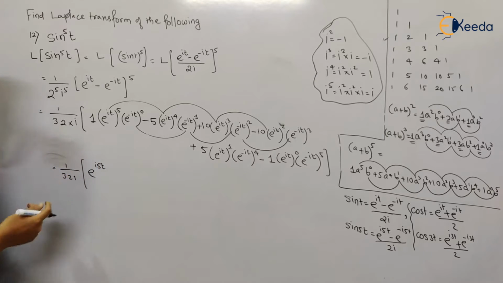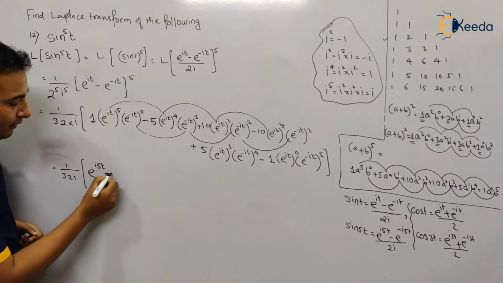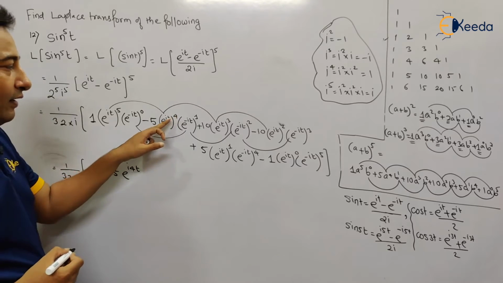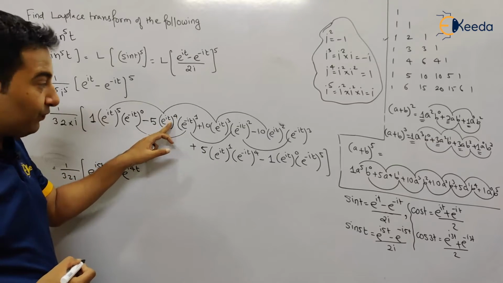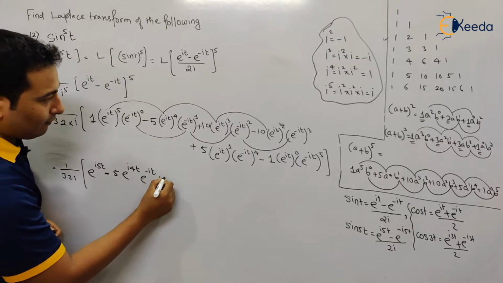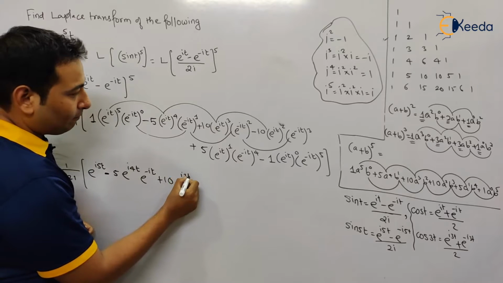Or in short, e raised to i 5t. And you know anything raised to 0 is 1, so that term is gone. Minus, here it is 5 e raised to i 4t. See here, this is i 4t and this is e raised to minus it. Next, e raised to, this 3 will come, so that will become i 3t.